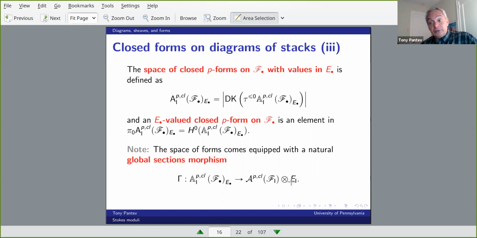Now I'm going to use that to define relative forms and say what it means for them to be non-degenerate. But I need to talk a little bit about co-specializations to say it properly.